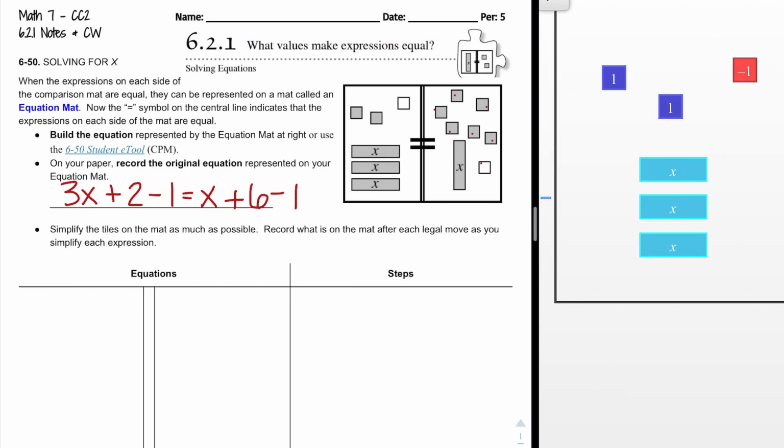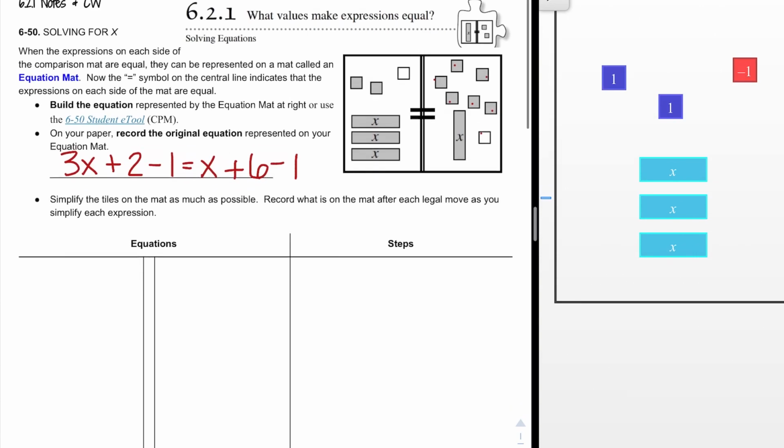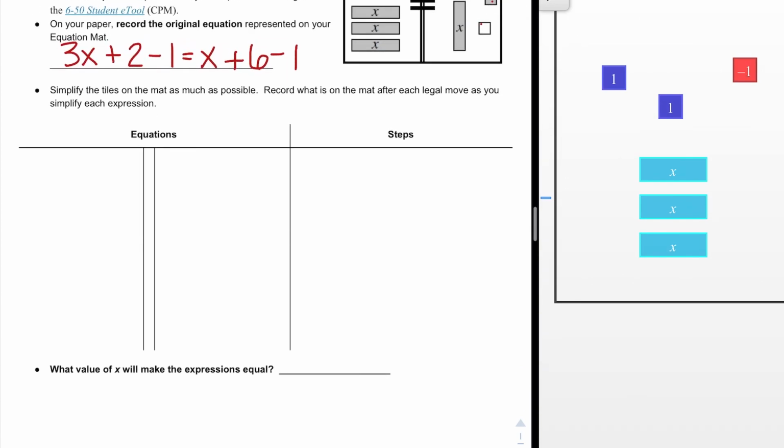The next bullet point says simplify the tiles on the mat as much as possible. Record what is on the mat after each legal move as you simplify each expression. So that's where the steps come in. I'm going to record every legal move under the steps so you can see what you're supposed to be doing after every part of our movements. I'm going to write down the original equation first.